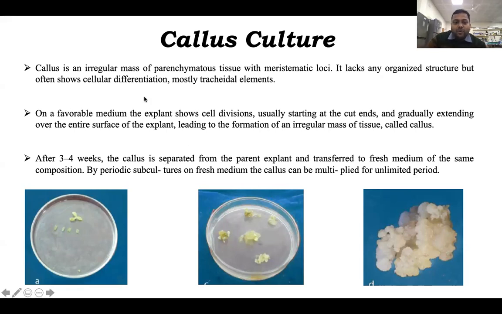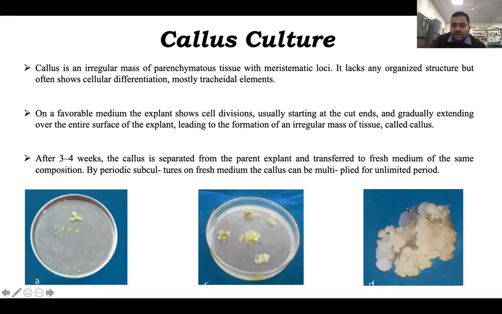And you need to keep it on a favorable media. The explant starts showing cell division, and it initially starts at the edges. We see all these stages when we do the tomato transformation here, the tomato tissue culture, and then it actually ends up covering the entire explant. And then after 3 to 4 weeks, we keep doing subculturing. After every 15 or 20 days, we keep doing subculturing.